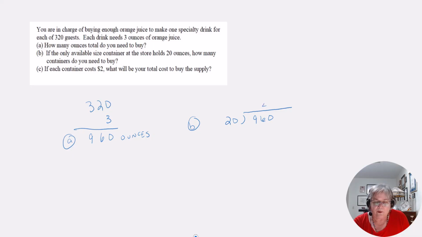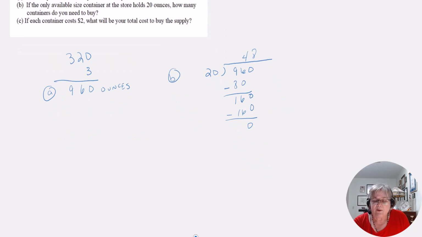Let's try 4. 4 times 0 is 0. 4 times 2 is 8. When you subtract 9, you have 16, which is smaller than 20, so we guessed correctly. So bring down the next column. What do you multiply 20 by to get as close as possible to 160? How about 8? So 8 times 0 is 0. 8 times 2 is 16. You subtract. Okay, so you would have to buy 48 containers.